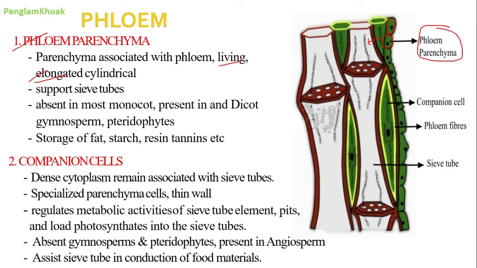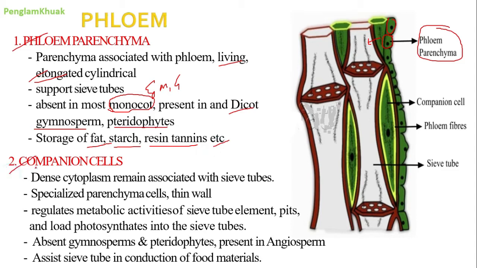They help in supporting, and keep in mind they will be absent in monocots basically. They are present in dicots, gymnosperms, and pteridophytes. Monocot examples are maize and the grass family. Since they are alive, they will store fats, starch, resin, tannin, etc. within this phloem parenchyma.